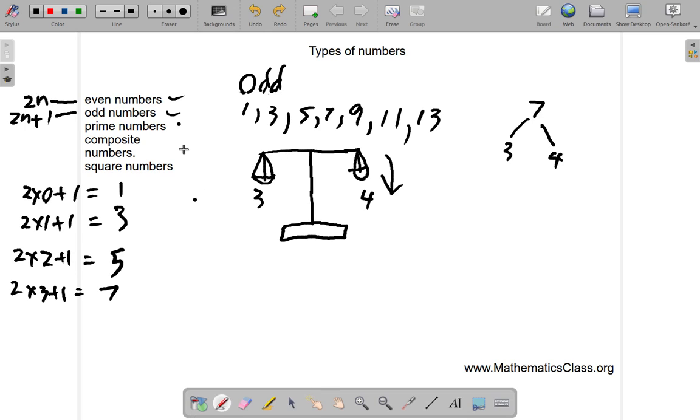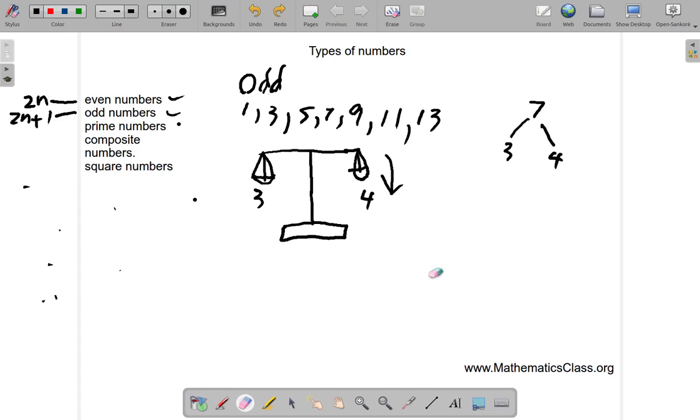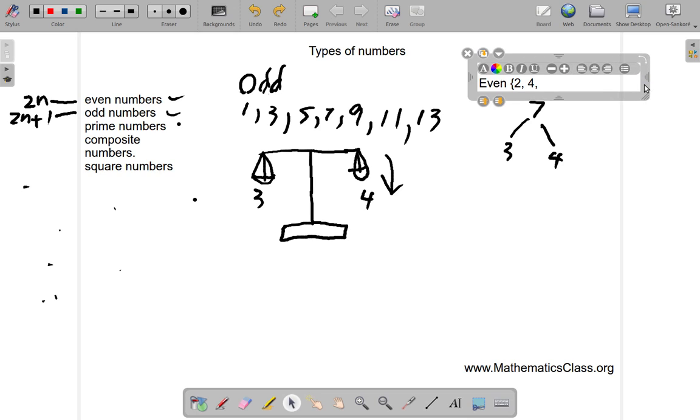So now, just to make a note of the examples that we have here. Let's start with even numbers. With even numbers, you have 2, 4, 6, 8, and you continue with that pattern. Alright, so those are even numbers.